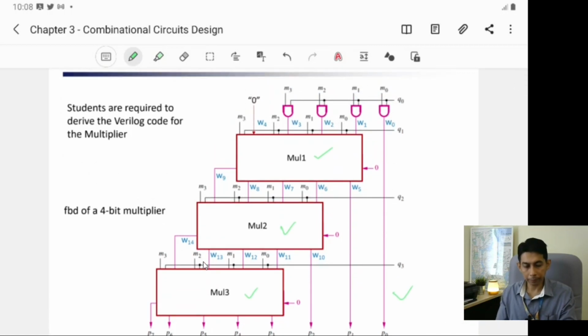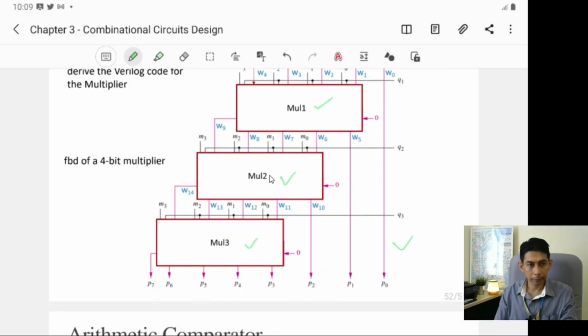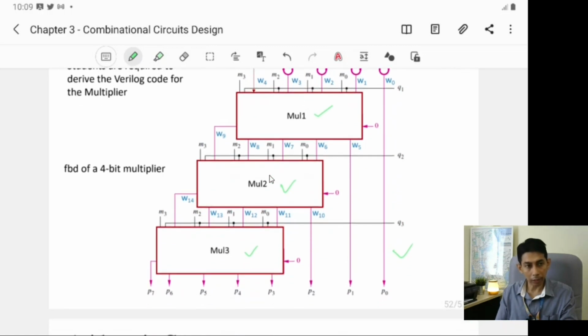So for this, I really encourage you to try to create the Verilog code for this one. All right, this is very interesting. If you can do this, then the outcome for this course is achieved for chapter 3, 1 to 3 already. All right, take your time to try to do this.